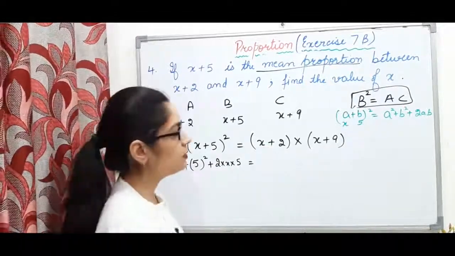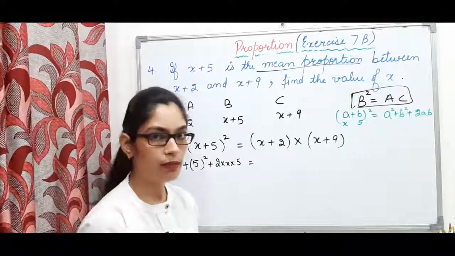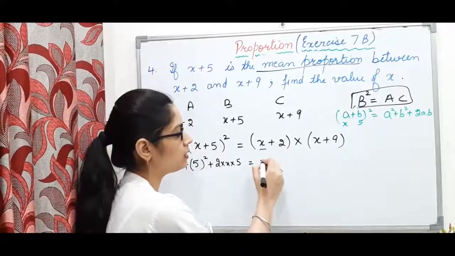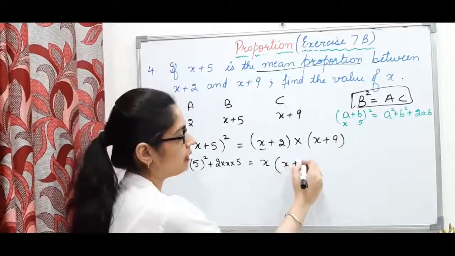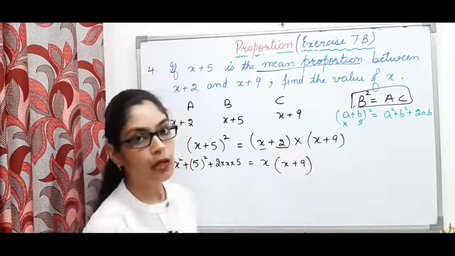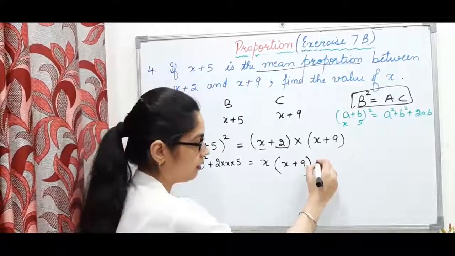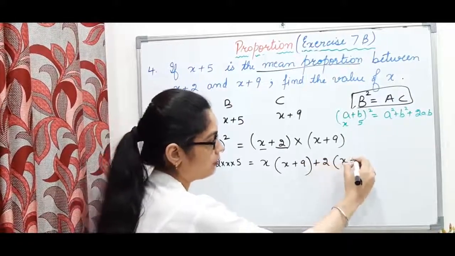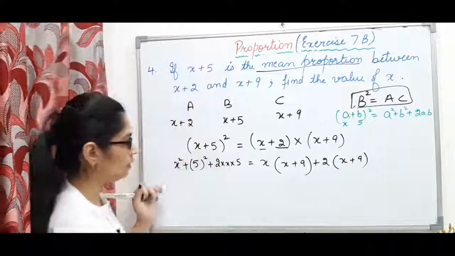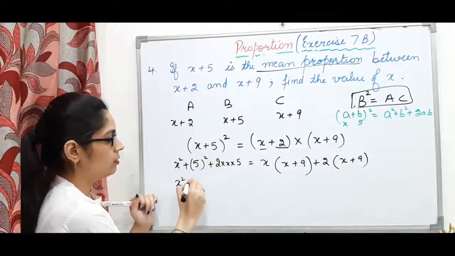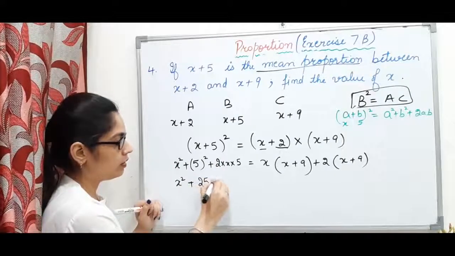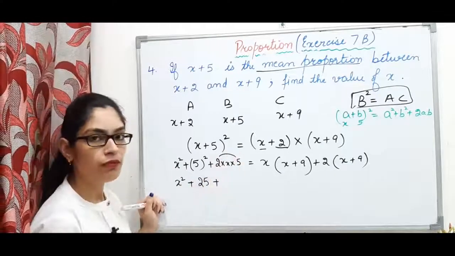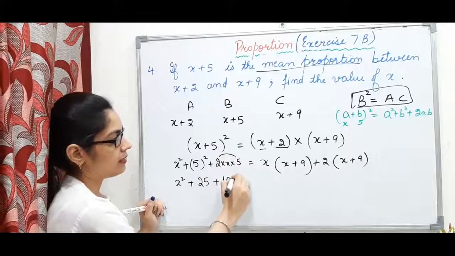So, two brackets, like the way I have told you, same way we will multiply first term of first bracket, then we will write the full second bracket, which is x plus 9 in second term along with the sign and full bracket. So, this we can write x square, 5 square means 5 into 5, 5 into 5 is 25 plus 2 into 5, 10x as it is.